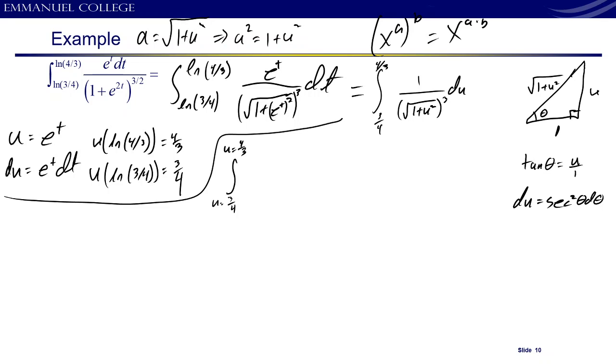So this is going to become 1 over the square root of 1 plus tangent squared theta, and that's cubed, and then times secant squared theta d theta.